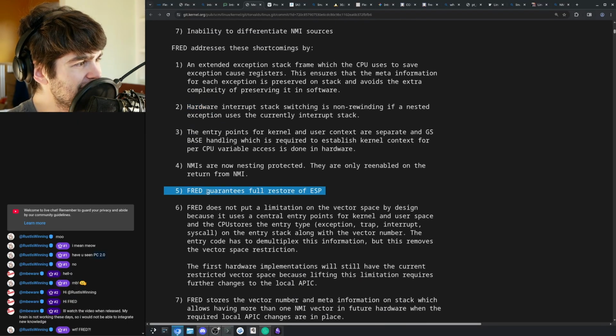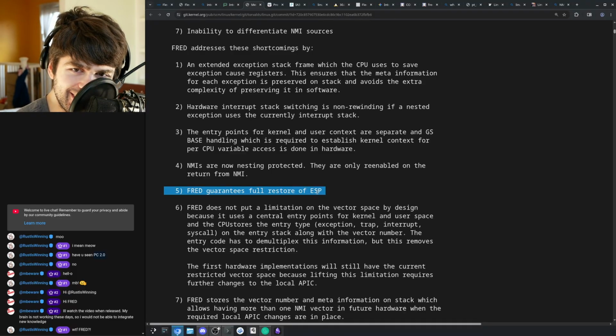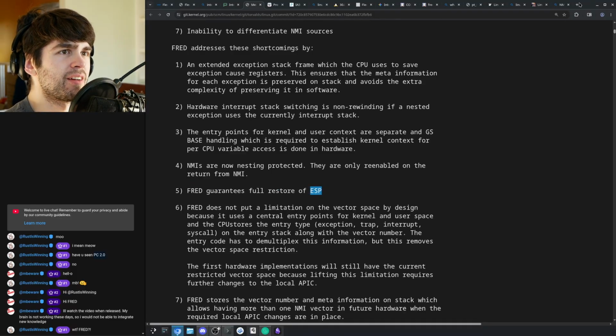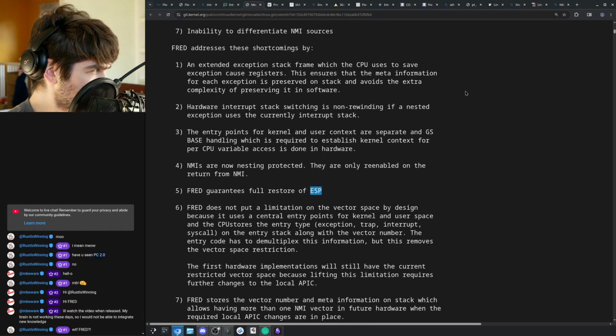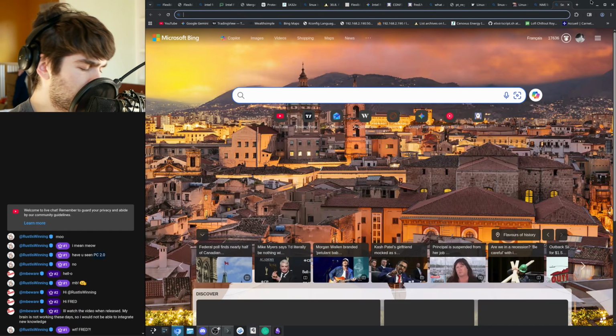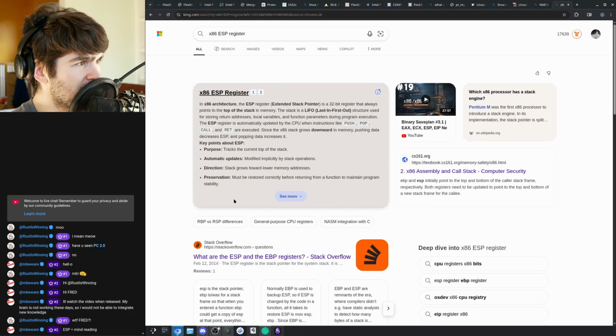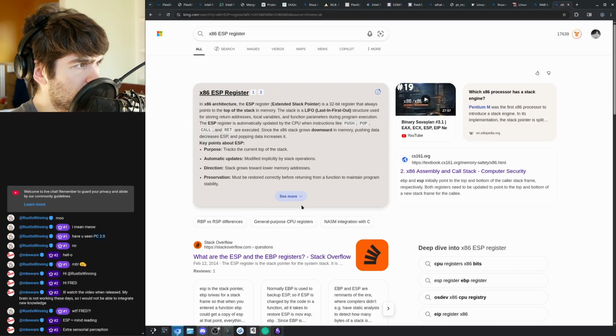Holy! FRED guarantees full restore of ESP. What is ESP? Wouldn't ESP be like the totality of registers? Or something like that? So if I look it up, the extended stack pointer is a 32-bit register that always points to the top of the stack in memory. Okay.